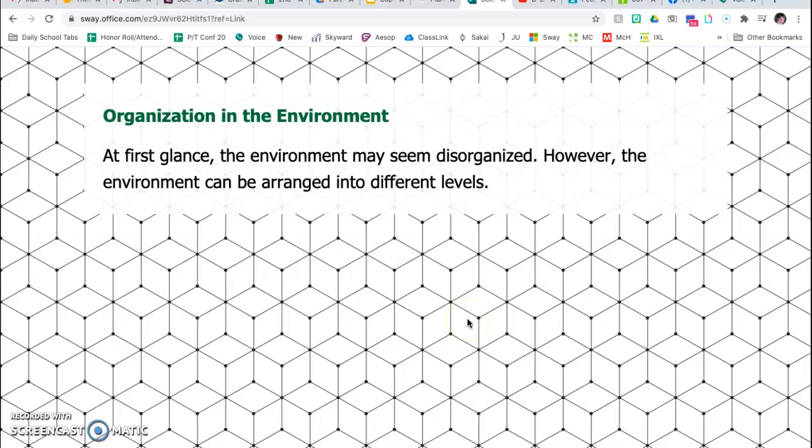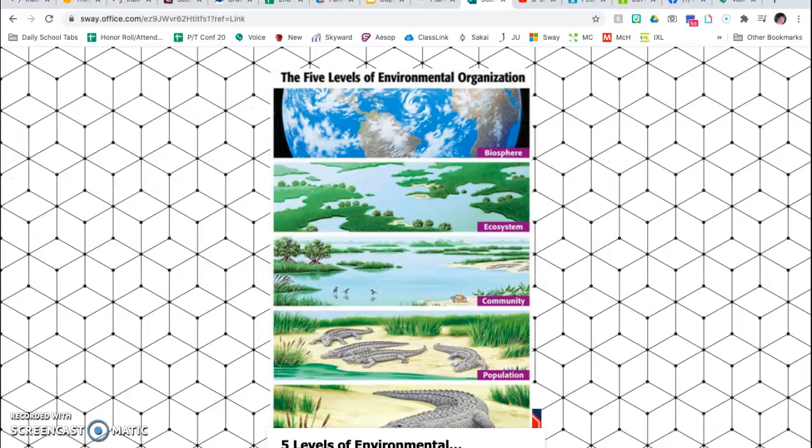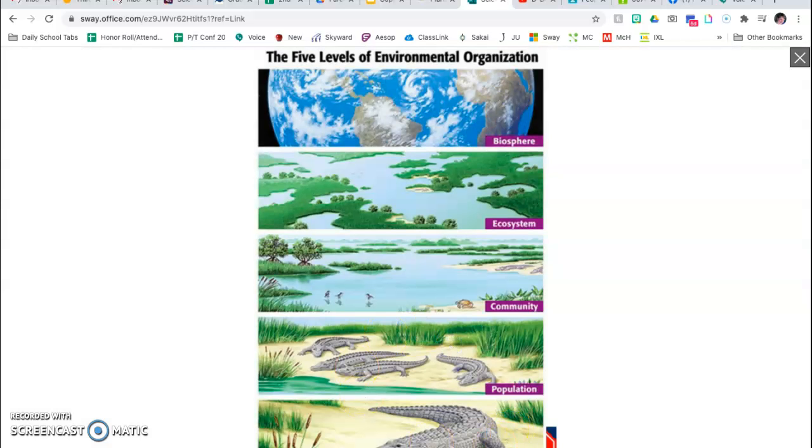So at first glance, the environment to us can seem rather disorganized. However, there is order to it, and it can be arranged into different levels. So here is an example of the 5 levels of environmental organization. And you're going to come back and do this yourself on your EN page.